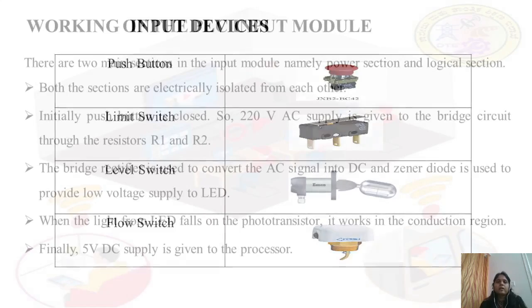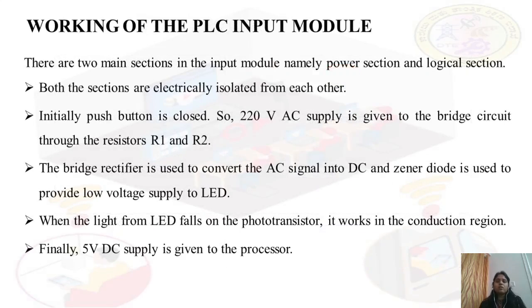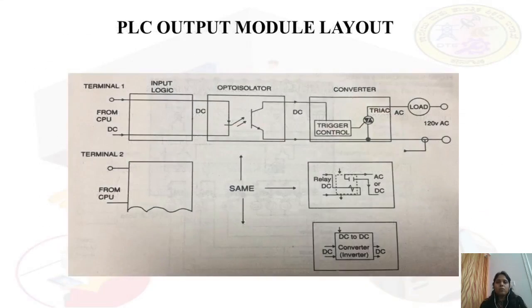Next is the working of the PLC output module. See the PLC output module. In the input module, the signal goes from the input module to the CPU. And for the PLC output module, it is from the CPU to the output module.